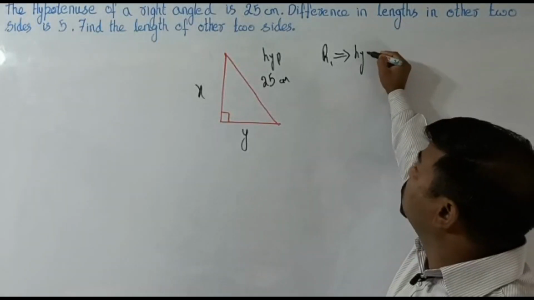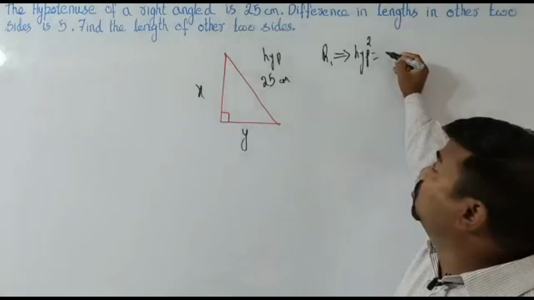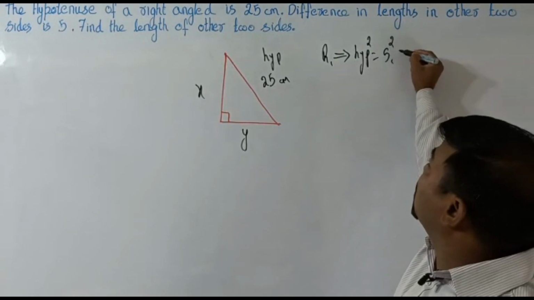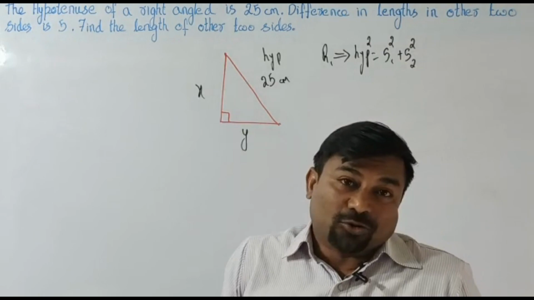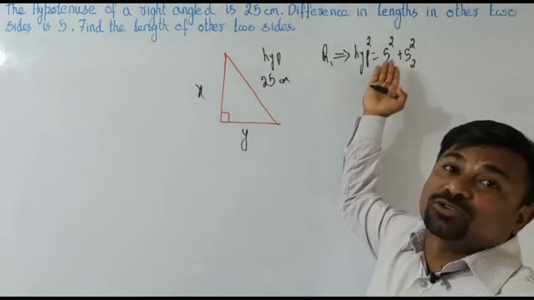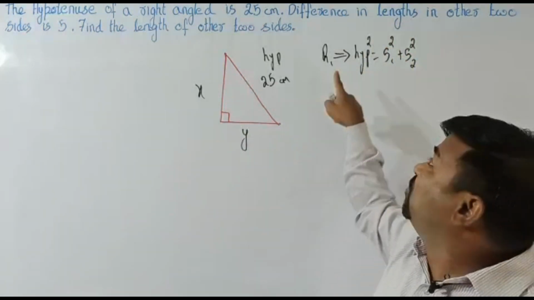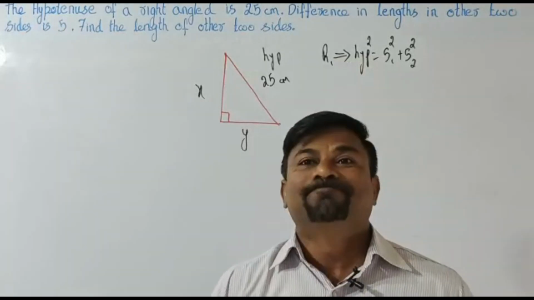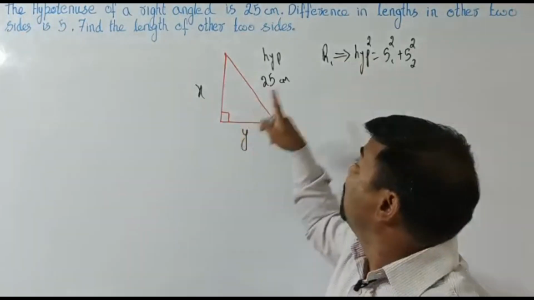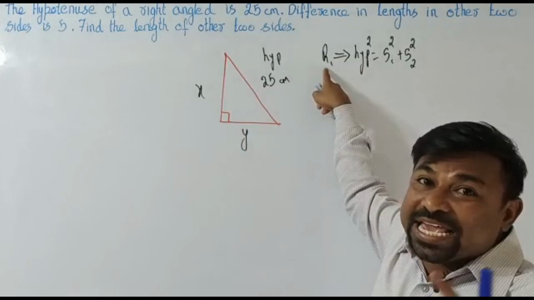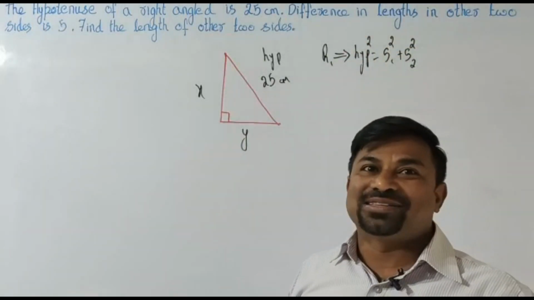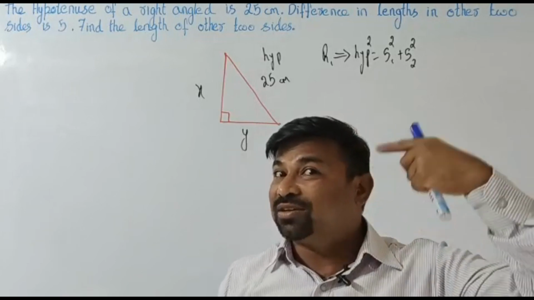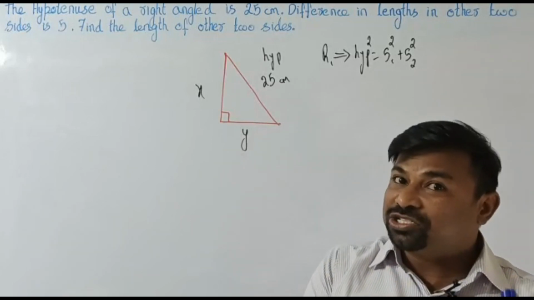Hypotenuse square is equal to side 1 square plus side 2 square. Of course, we can call this adjacent square plus opposite square. So one relation is given in terms of power 2.